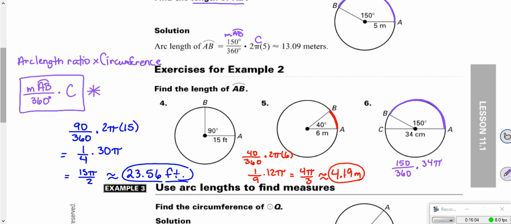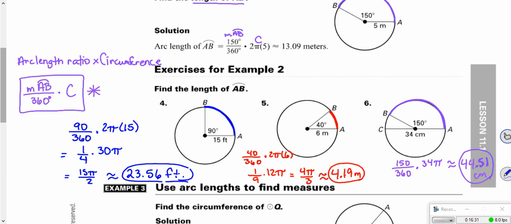And for the sake of time, I'm not going to reduce, I'm just going to write the answer. 44.51 centimeters. Hope you all can see that. 44.51. You know what, I didn't really highlight this arc length, I guess I should.